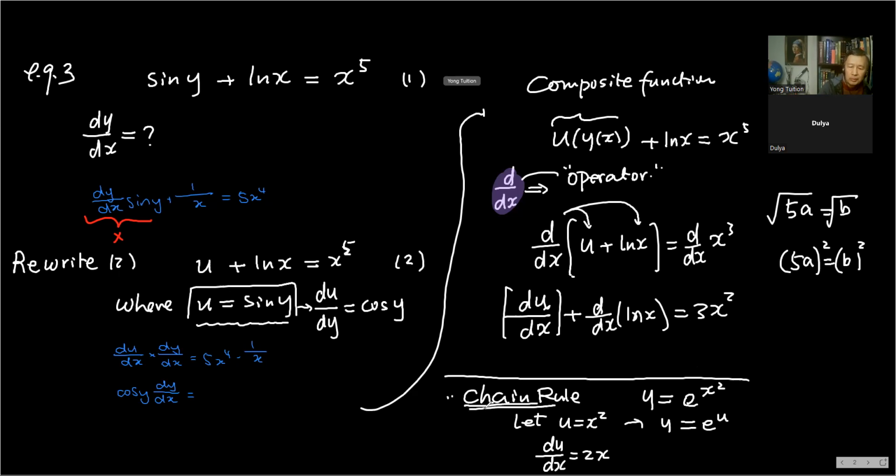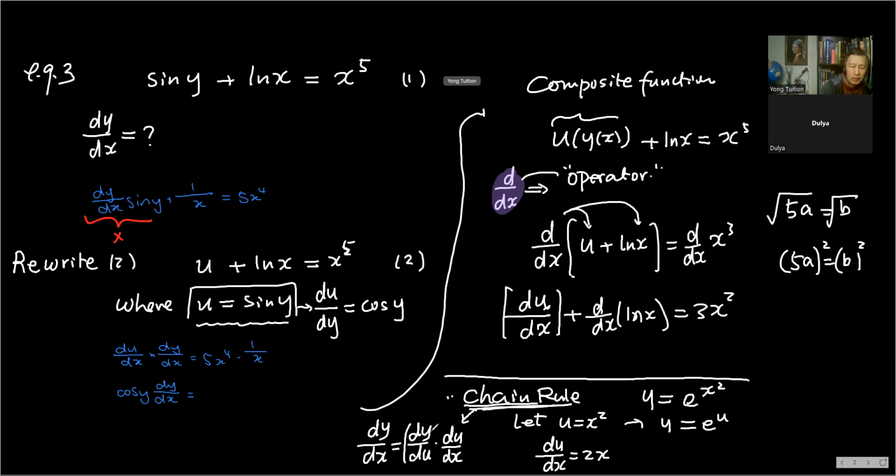According to the chain rule, dy/dx, what we're looking for, can be written as dy/du multiplied by du/dx. You remember this is the chain rule.